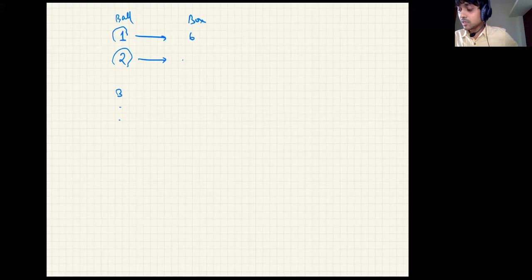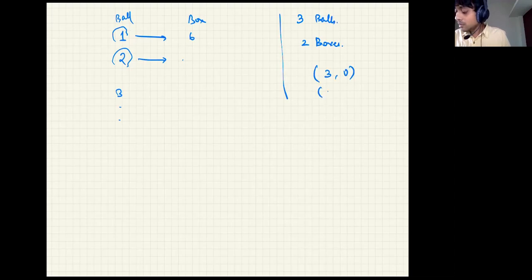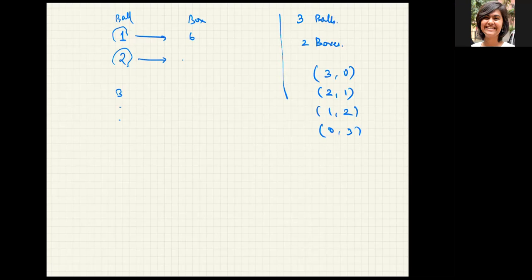Okay, so let's look at it this way. Let's take 3 balls and say 2 boxes. Now how can I distribute them? Either I put 3 comma 0, that means box 1 has 3 and box 2 has nothing, or 2 1, 1 2, 0 3, right? Are you with me?